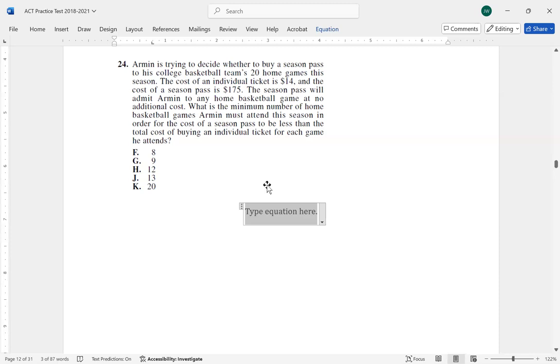So he's going to attend, we'll call it x number of games at $14 apiece if he does not buy a season ticket. If he does buy a season ticket, then he's going to spend $175.